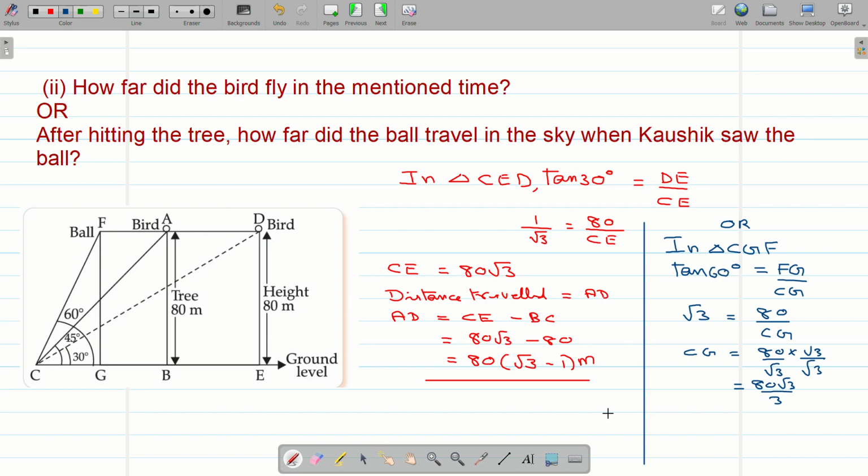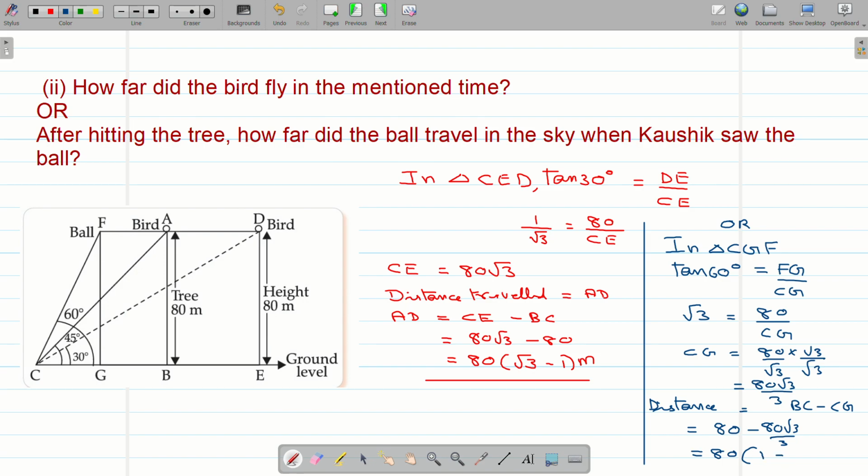Now the distance traveled by the ball is BC minus CG, that is equal to 80 minus 80 root 3 by 3. 80 can be taken common.